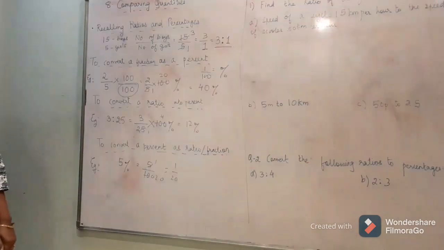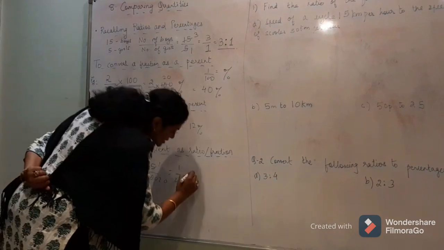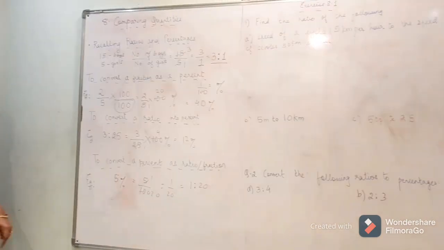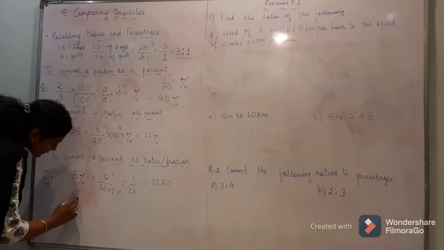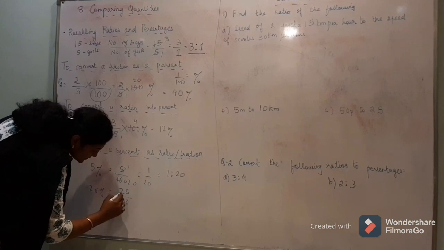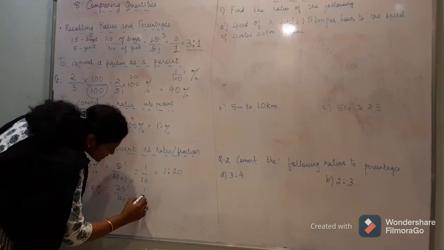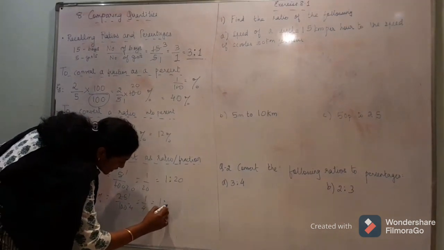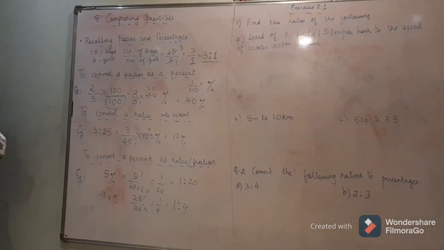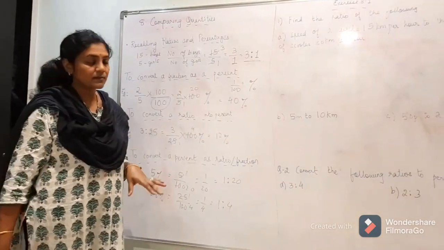Same thing, if you want to convert in ratio, it becomes 1:20. Right? Suppose it is 25%. Percent means divide by 100. 1 by 4. So if I want to convert in ratio, it becomes 1:4. So everything you have learned in class 7th.